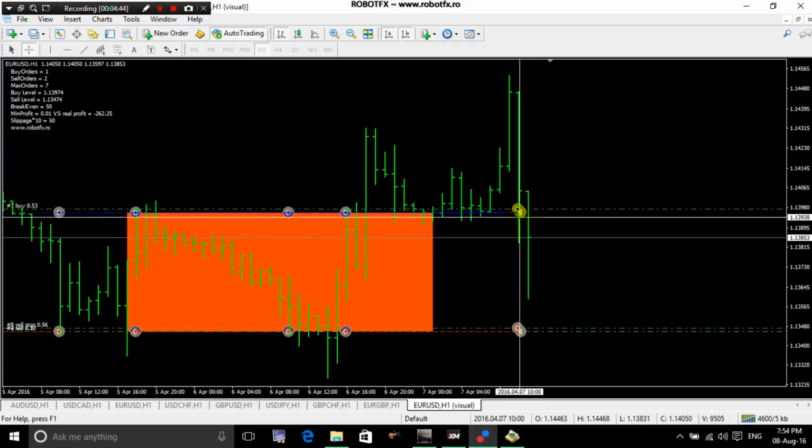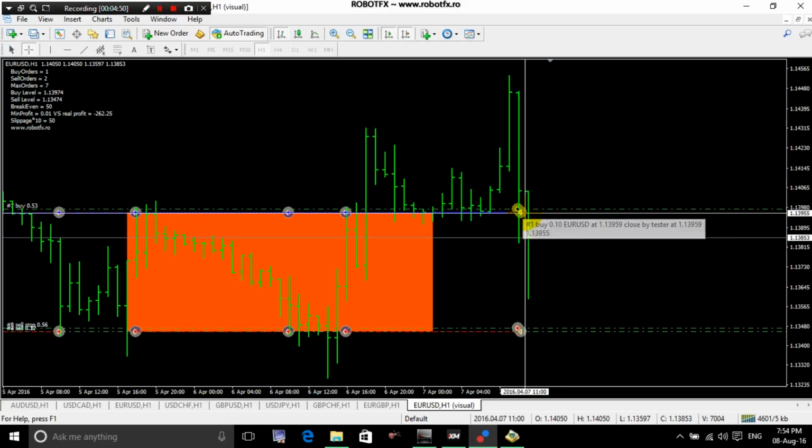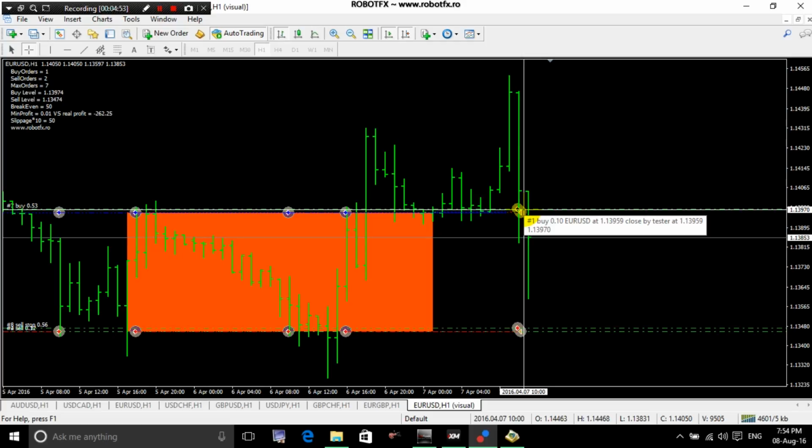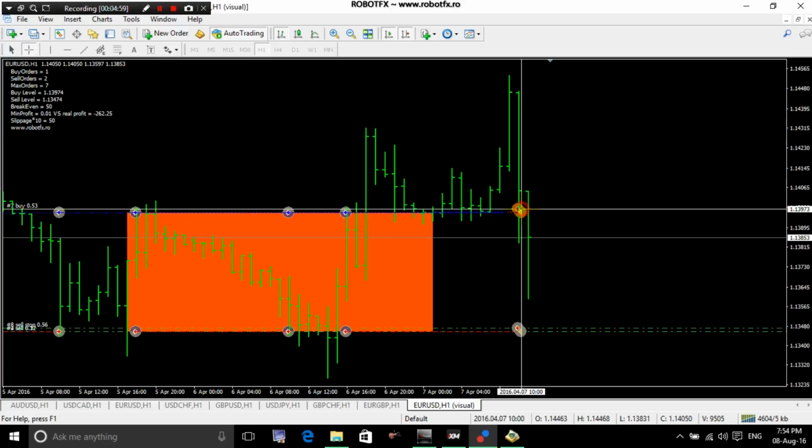It made some up and down moves in this period of time. The expert advisor placed a buy as soon as it could, at, let's say, a 1.5 pip distance from the original auto recovery zone.